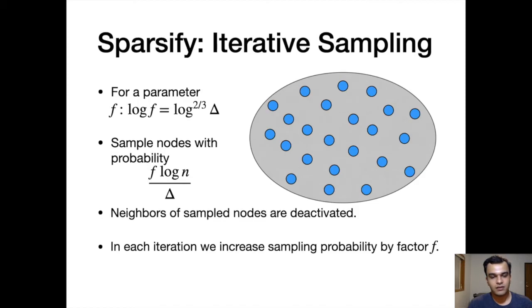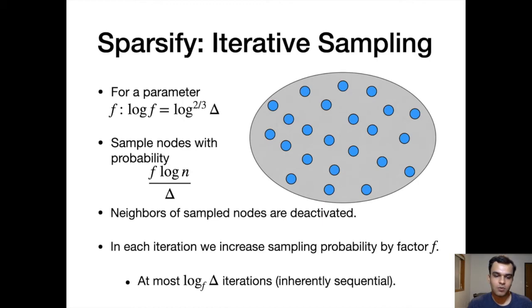Then we continue iteratively, where we increase the sampling probability in each iteration by a factor of f. This implies that we'll have at most log delta base f iterations, and since we sample nodes and deactivate the neighbors, these iterations are inherently sequential.